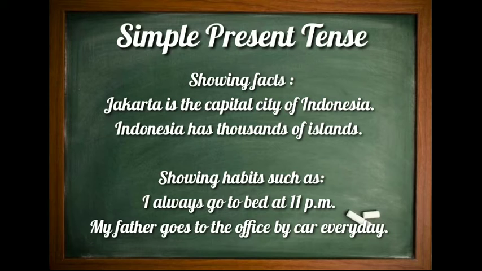Then next, examples of simple present tense that shows habits such as I always go to bed at 11 p.m. My father goes to the office by car every day.